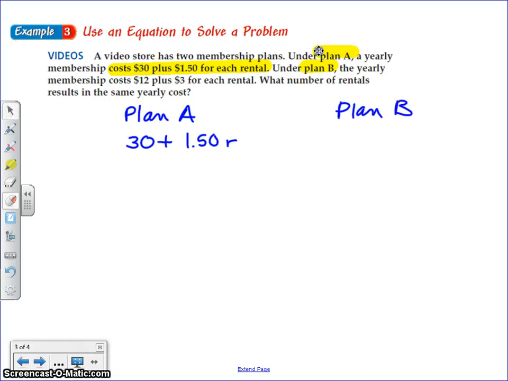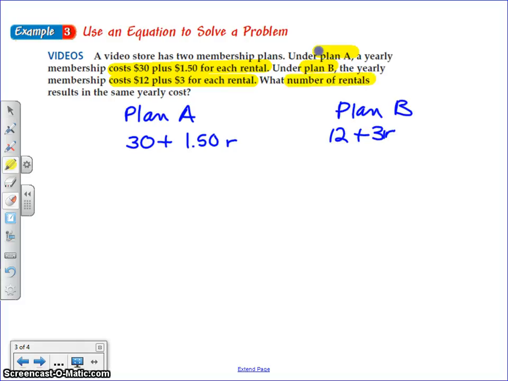All right. And Plan B, the membership costs $12 plus $3 for each rental. How do we write that as an equation? That would be $12 plus $3 times each time you rent the movie, or 3R. Okay? Now the question is, what number of rentals, that's key, what is it asking you?